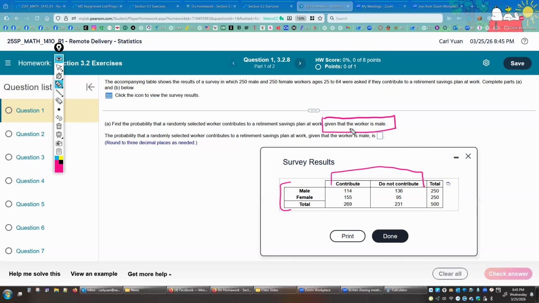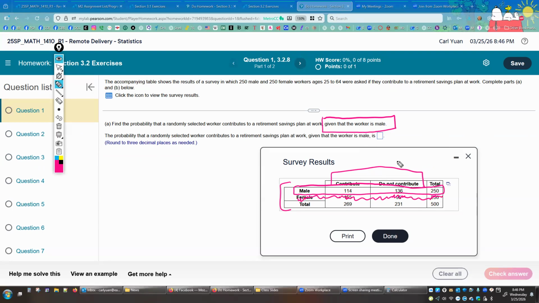So whenever you see the given, it automatically limits the people that you are looking at. We're only looking at male. We're not even looking at females. So we don't care about the females. Only in this example.